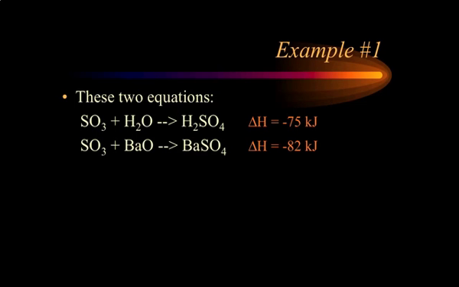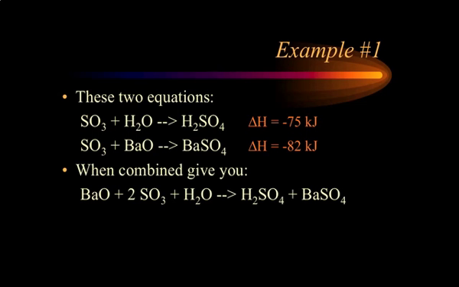Let's do an example. Our first example, we have these two equations: SO3 plus H2O goes to H2SO4, and SO3 plus BaO goes to BaSO4. I can add it all together. The reactants all get added together, the products all get added together, and I write it in one big long equation, reactants on one side, products on the other.